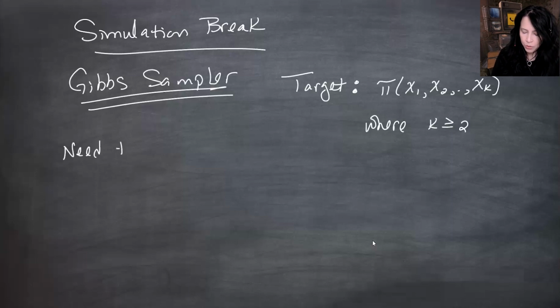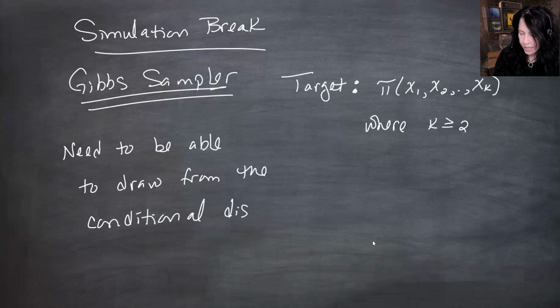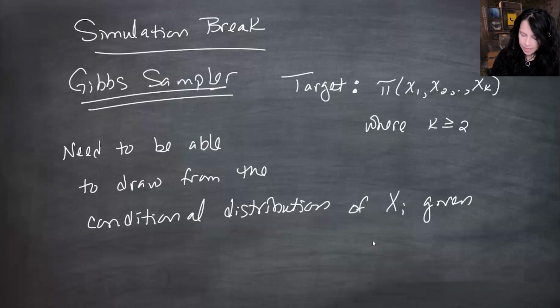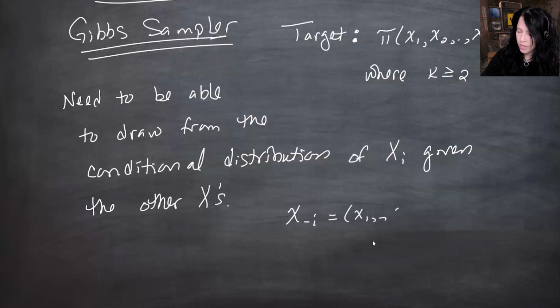You need to be able to draw from the conditional distribution of each xi given the other x's. Usually in Gibbs sampling, people use a notation x, I'm going to do it lowercase because it's just going to be an argument of a PDF, x with a subscript minus I to be x1 up to xi minus 1, and then xi plus 1 up to xk.